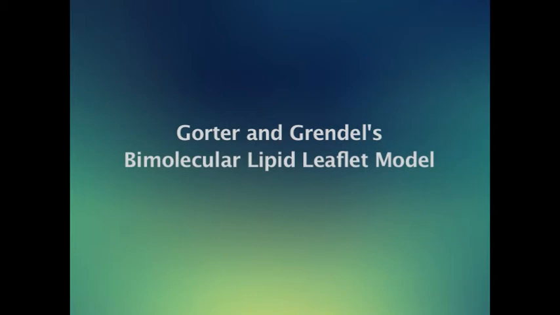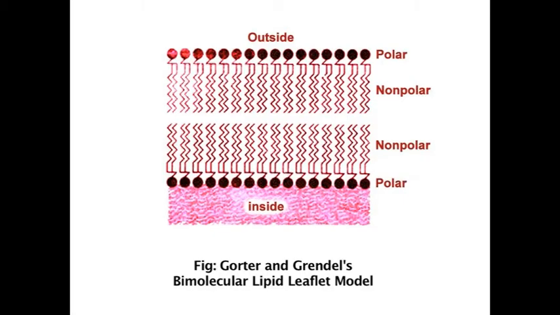First, let's take up Gorter and Grendel's bimolecular lipid leaflet model. Gorter and Grendel in 1925 proposed that the cell membrane was formed by a bimolecular lipid sheet. The polar ends of the lipid molecules of one layer were directed outward from the cell towards the surrounding plasma, while the polar ends of the lipid molecules forming the other layer were directed inward towards the cell hemoglobin.